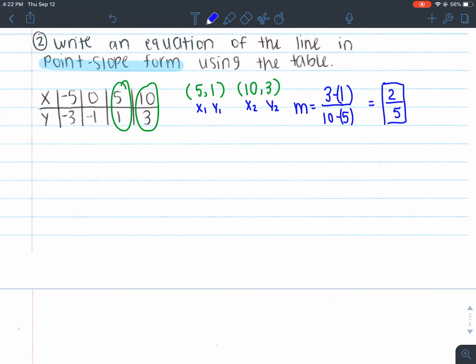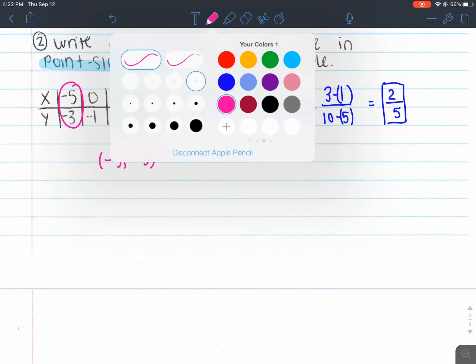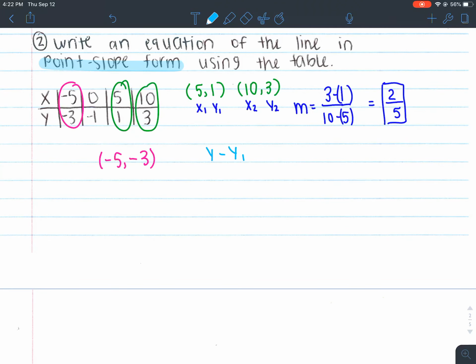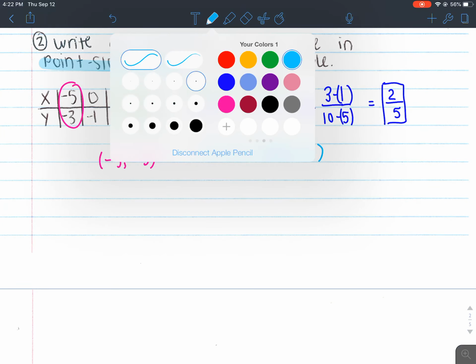And then I'm going to pick any point here. I'm going to go ahead and pick that first point. I'm going to pick -5 and -3. Okay, so I have my point-slope form, which is y minus y1 equals m times x minus x1. And then I'm going to plug in my point.